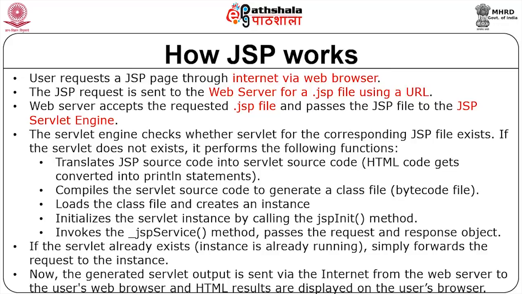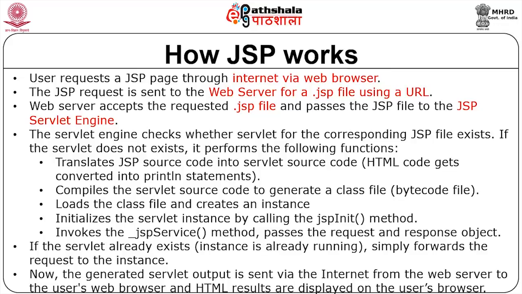So the whole process takes place if the servlet engine finds that the particular servlet does not exist. Suppose the servlet already exists, that is, the instance is a current or earlier instance which is already running, then it simply forwards the JSP request to that corresponding instance. Once it has been forwarded, the response object is created.